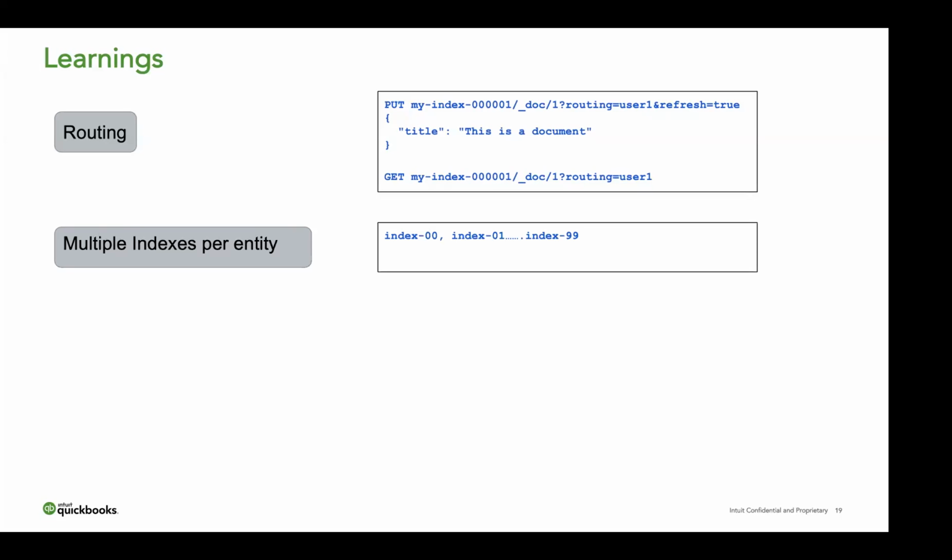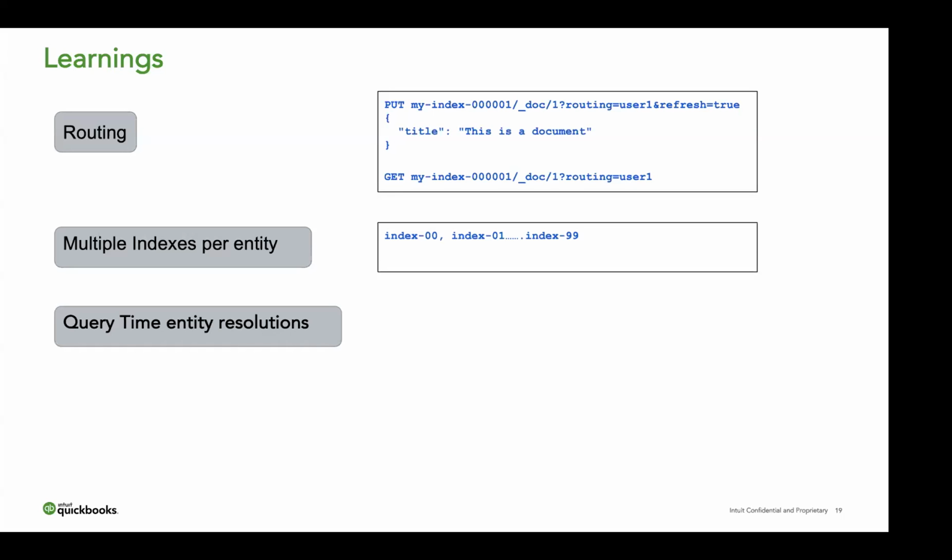So in order to solve for that, for a particular entity, for example, a customer index or a transaction index, we split them up into multiple indexes. We use some kind of hashing algorithm to determine which index the data would go to, and then we saved into that. So this, again, was used to scale and improve performance for Elasticsearch.